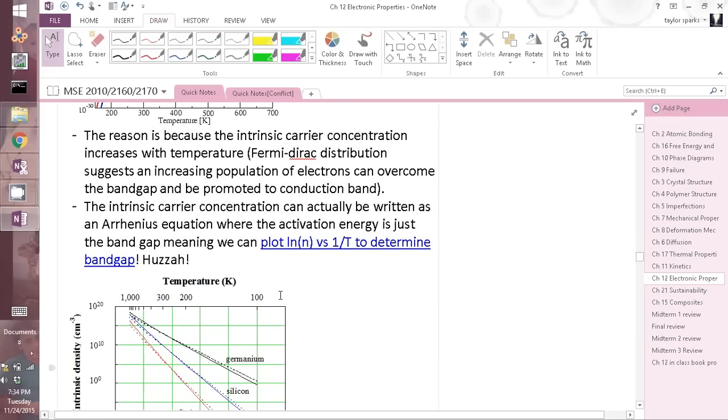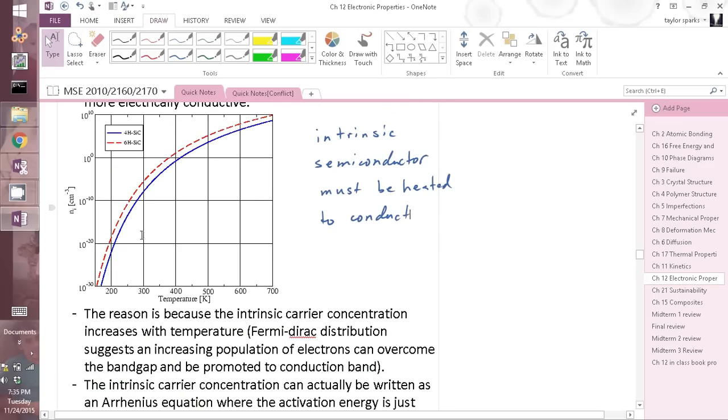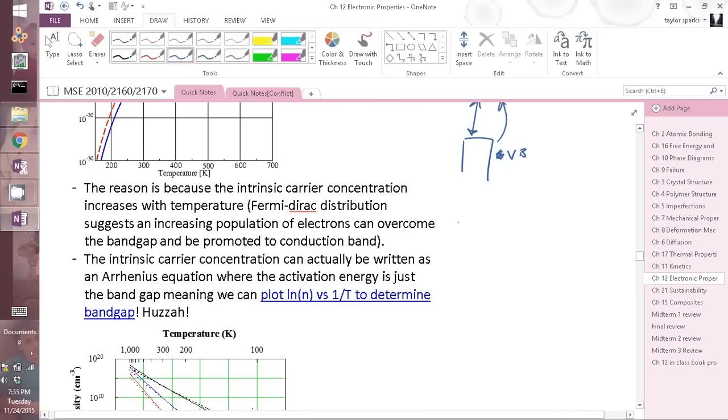Now, since this is going to be a thermally activated process, and it's going to depend on the energy required to overcome the band gap, we can treat that much like an activation energy. If it takes electrons that much energy to be promoted from the valence band up to the conduction band, that's essentially our activation energy. Therefore, we can say that our conductivity should be proportional to the exponential of our band gap divided by kT.